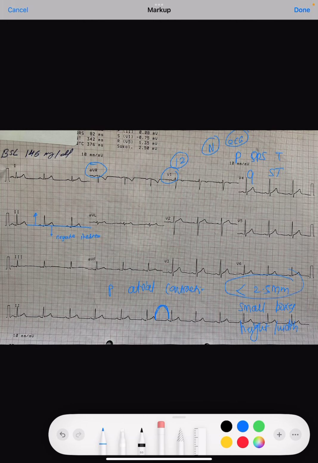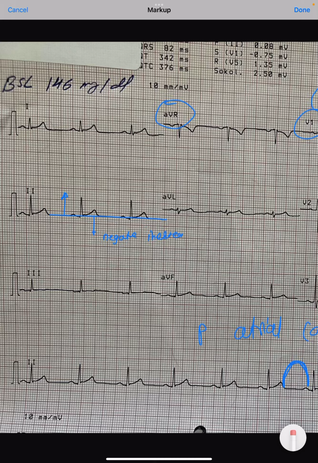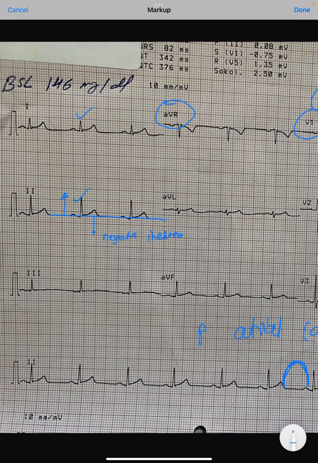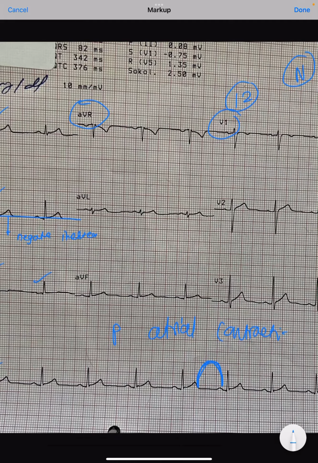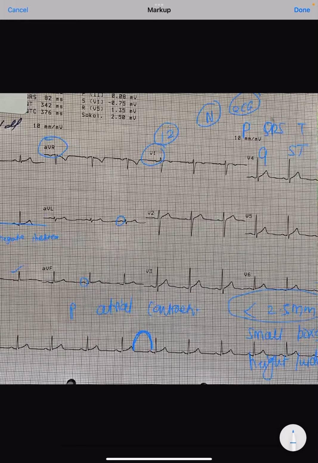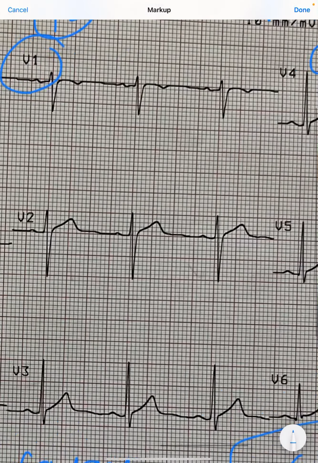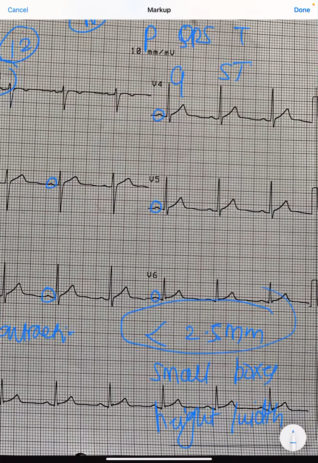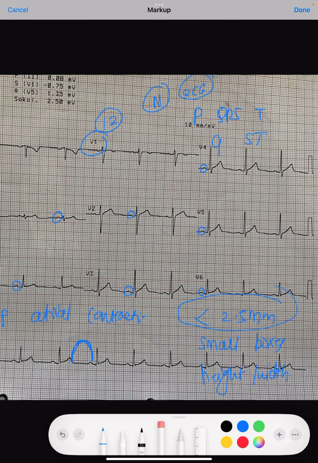You can see here the P wave in lead 1 is positive, in lead 2 it is positive, lead 3 is positive. In AVR and V1 it is negative, but that is acceptable. But in V2, V3, V4, V5 and V6, everywhere it is positive. So the P wave is perfectly positive.